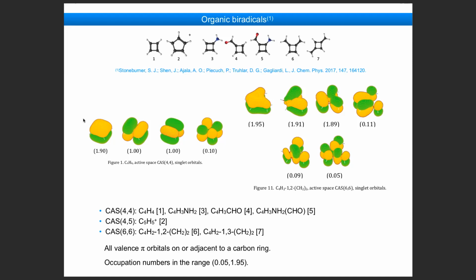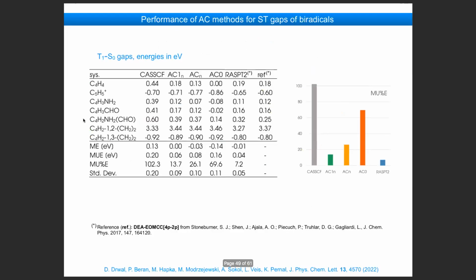As I said, the active spaces must be such that you capture the double excitations or the highest determinants which enter with the highest weight in the wave function. So for these systems, it was enough to have 4 or 6 active electrons and active orbitals.